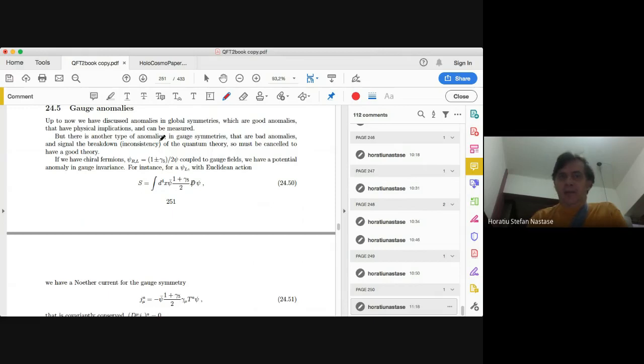However, there's a different type of anomaly which appears in gauge symmetries, in local symmetries. So those are bad anomalies. They signal a breakdown of the quantum theory. The quantum theory is inconsistent. So you cannot have such a theory.